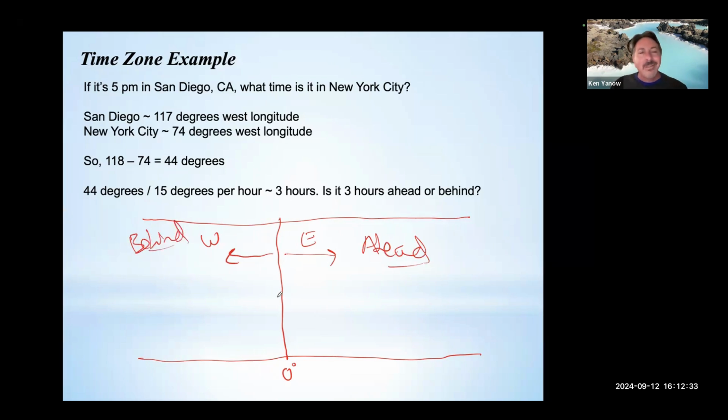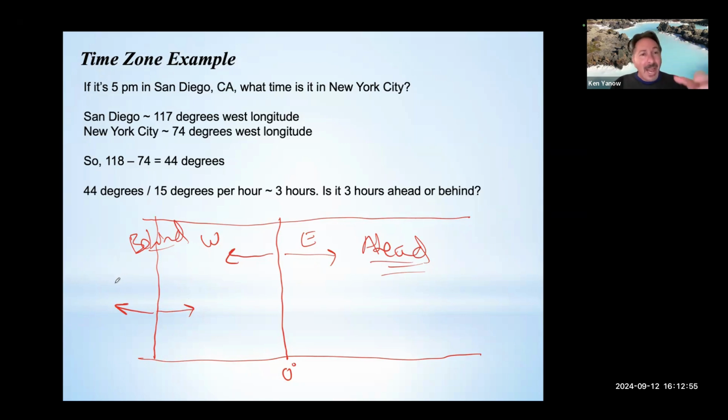But what's important to note is this isn't just relative to the prime meridian. If you're here, anywhere east of you is ahead in time. If you're here, anywhere west of you is behind in time, because again, everything rises in the east and sets in the west.